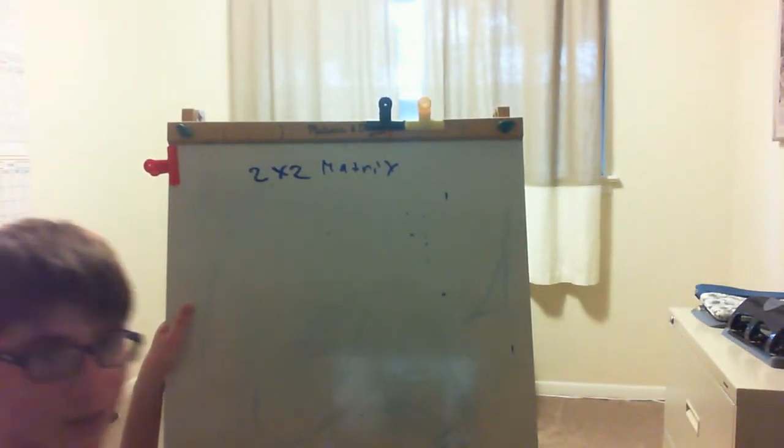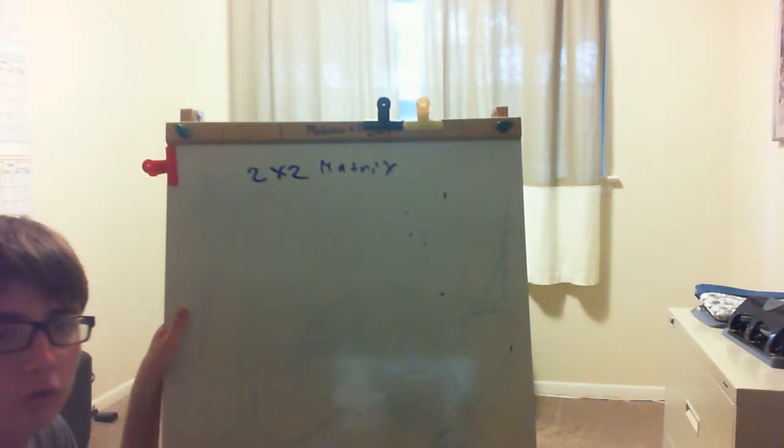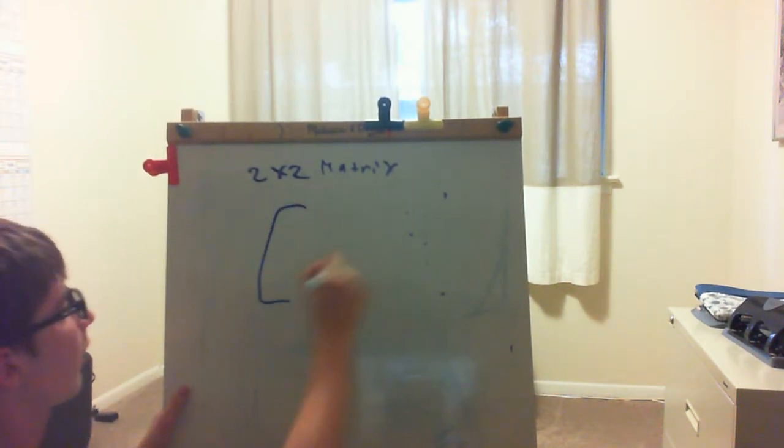And the identity means that there are ones all along the diagonal, starting with the first one. Okay, so let me draw this out first.